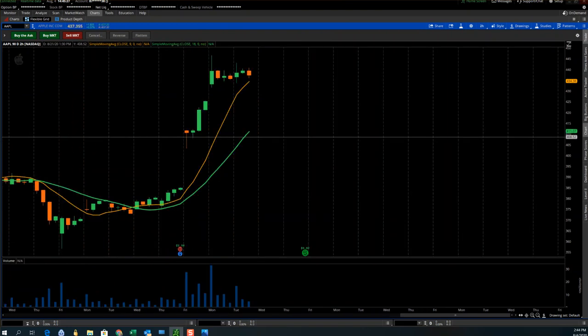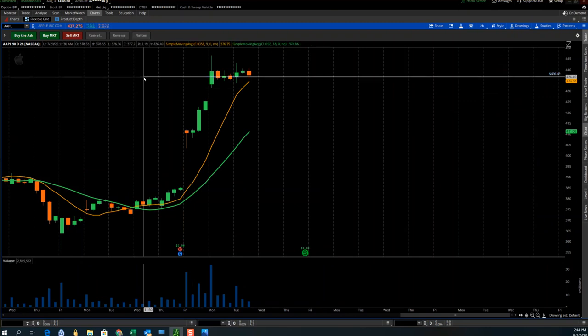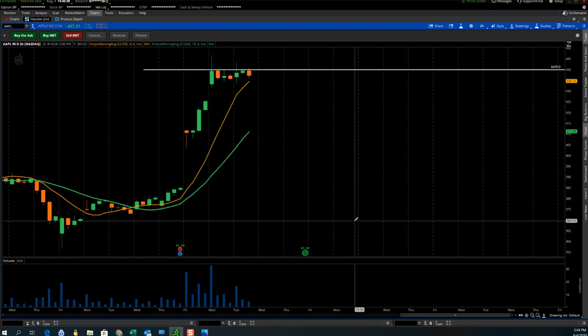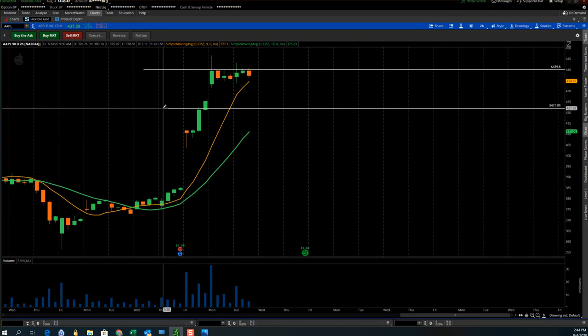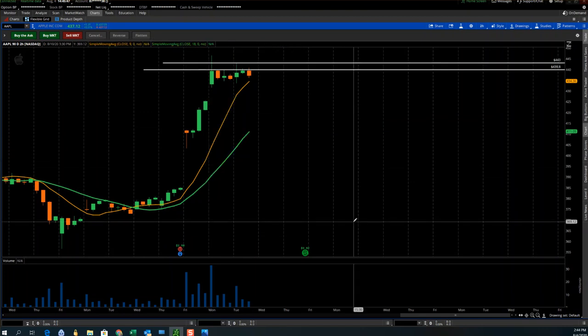I'm going to put some lines here, right? The resistance was 439.8, and then another one was 443.